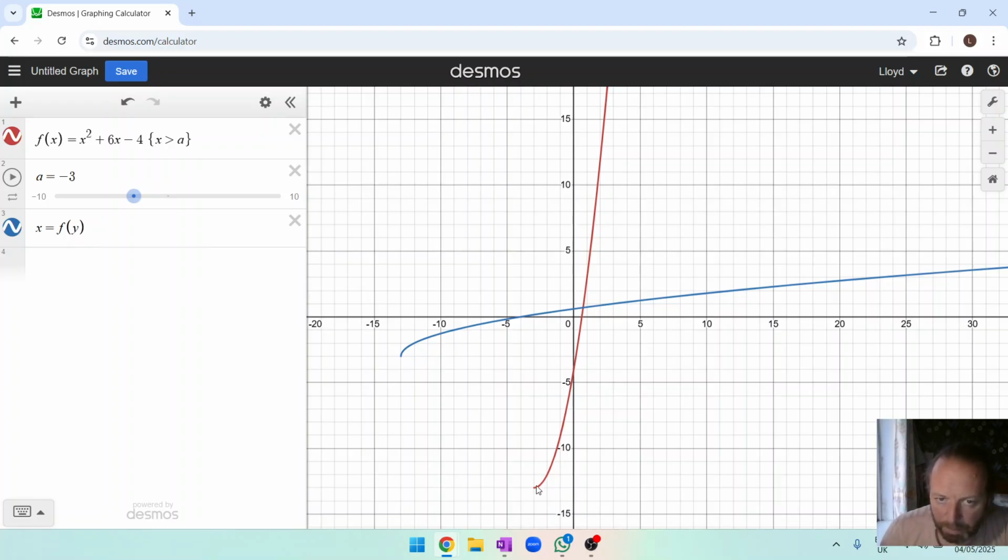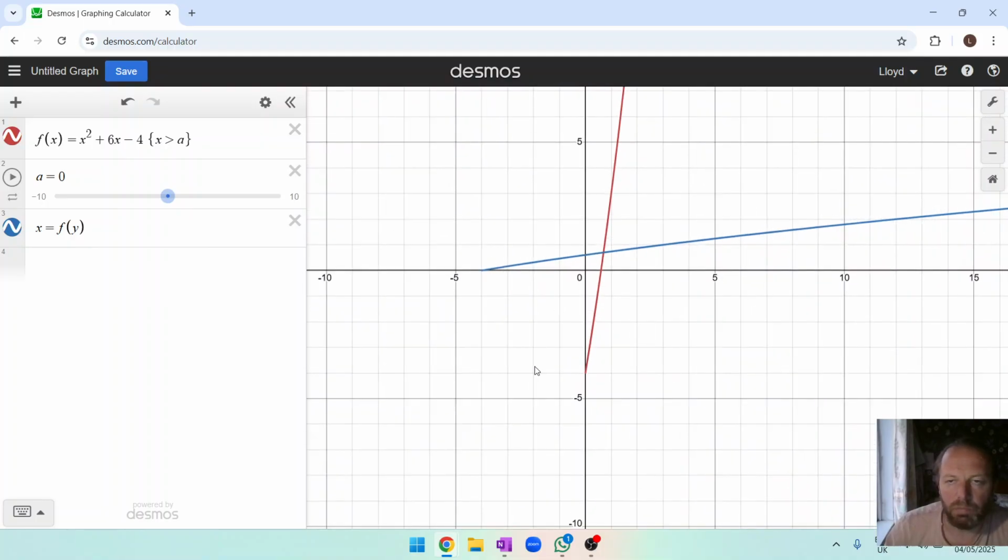That's why we found that minus 13 is at x equals minus 3, which is what defines the a. Now when a is set to 0, you can see that the function starts from minus 4 on it. So that's what's going on with that equation.